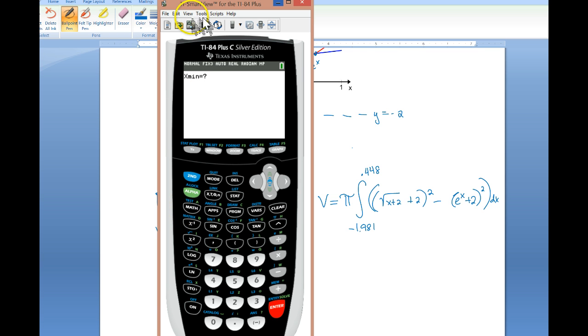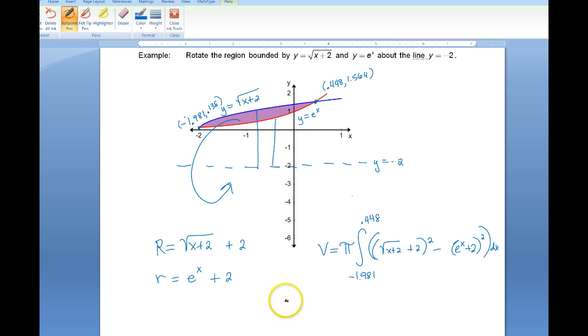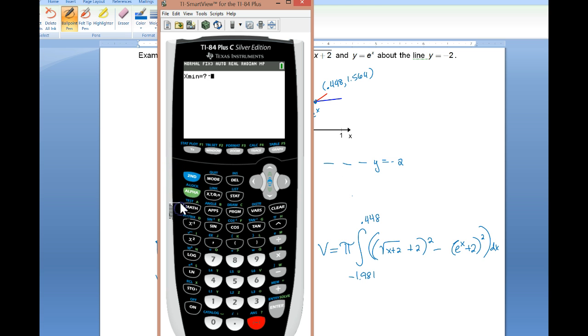So just remember, this is just our viewing window. So I would just, like I did mine, -2 to 1 and -6 to 2. Remember, not the bounds, that's just the viewing window, so that shows us what I have.